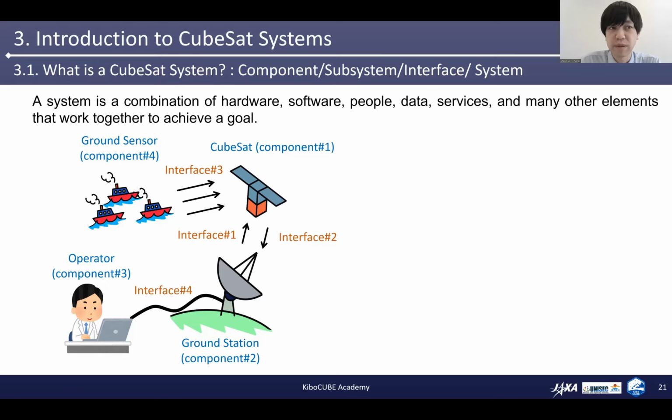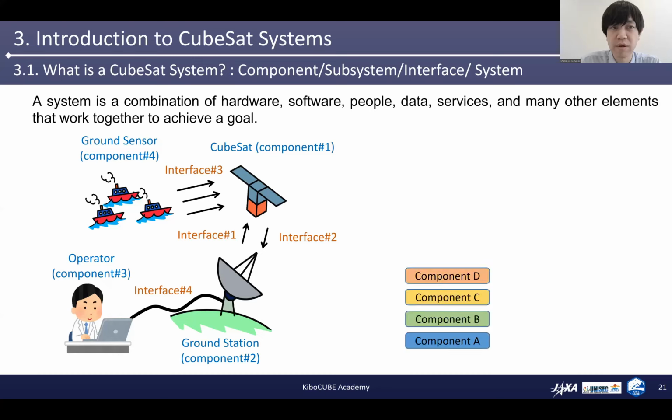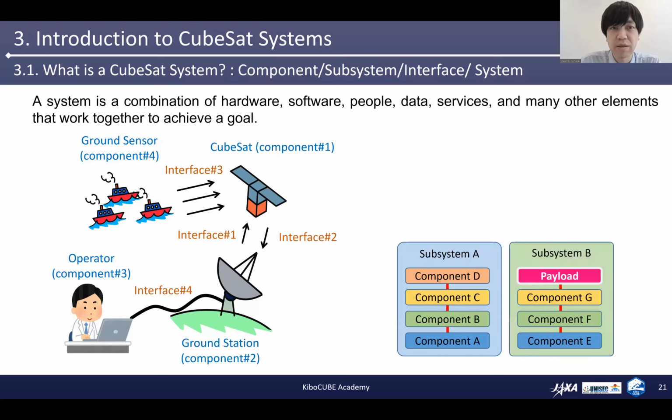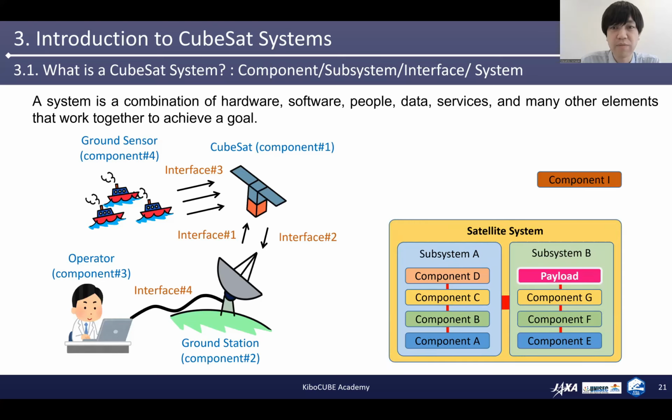A CubeSat system consists of several elements, such as the CubeSat itself, ground stations, operators, ground sensors, etc. And there are interfaces between the components. The interior of the CubeSat is also composed of multiple component elements with interface, each of them, and they all have requirements like this.